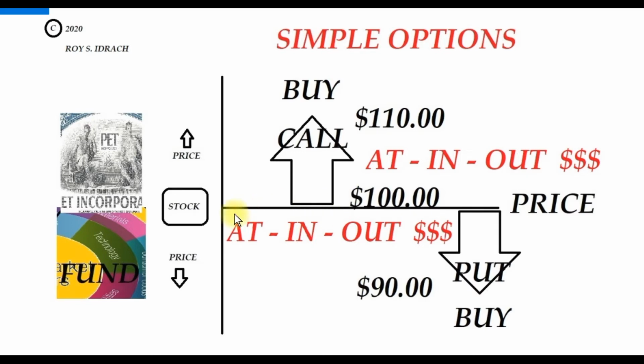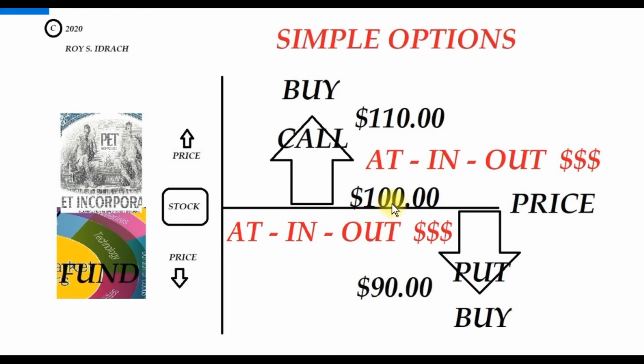Now, you can buy an option. You notice that before, we had different prices going up and down in here. You can buy it at the money. That means the strike price is going to be exactly at 100. You can buy in the money, which is a little lower, like $99 or $95.